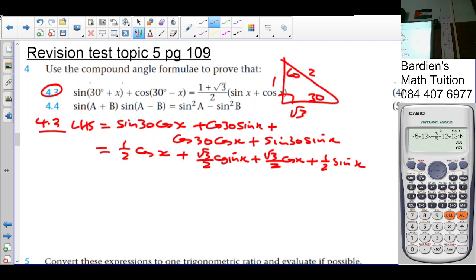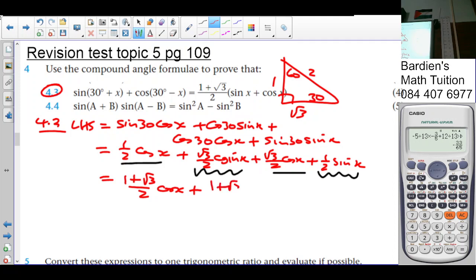Okay, one of two things could happen. I can either multiply the right hand side out and make it the same as the left hand side as it stands here, or I can add like terms. A half plus root 3 over 2, the denominators are the same, can be written as 1 plus the square root of 3 over 2 cos x, and you do the same for sine, you're also going to get 1 plus root 3 over 2 sine x.